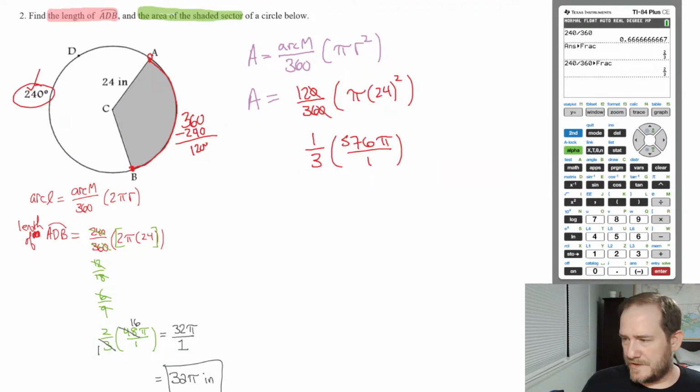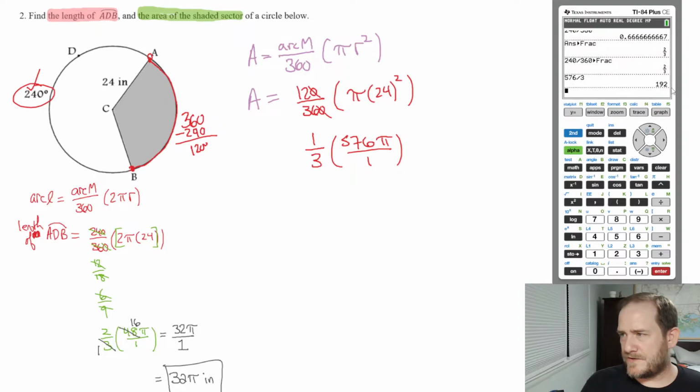So where is my calculator? You just type in 576 divided by 3, and I think that comes out cleanly. You get 192. So when you multiply to get 576 pi over 3, that's reducible down to 192 pi.